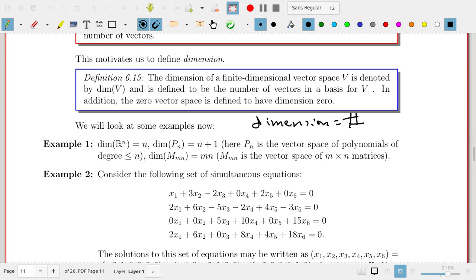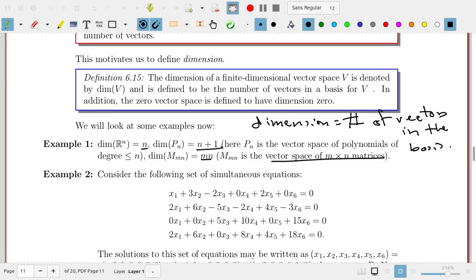So the dimension of Rn equals n, the dimension of Pn equals n plus 1, and the dimension of Mmn equals mn, where Mmn is the vector space of m by n matrices.